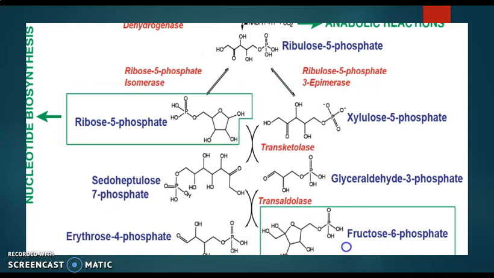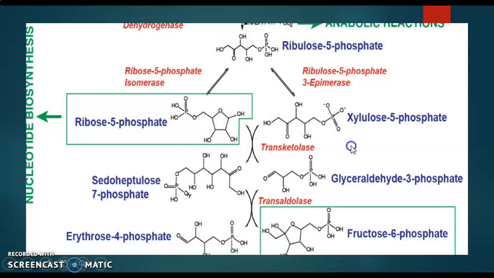Okay. In the next step, this ribulose 5-phosphate can be converted to ribose 5-phosphate and xylulose 5-phosphate. So how is this ribose 5-phosphate formed? When the ribulose 5-phosphate is acted on by the enzyme ribose 5-phosphate isomerase, it results in the formation of ribose 5-phosphate.